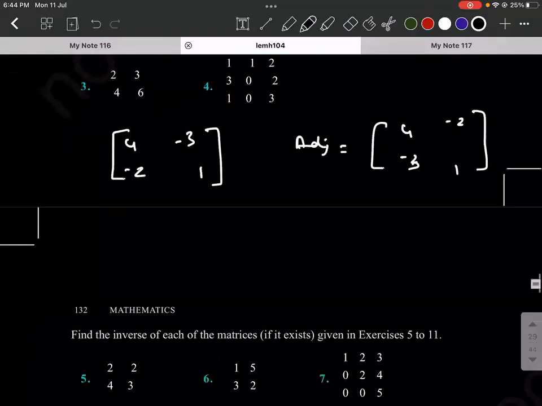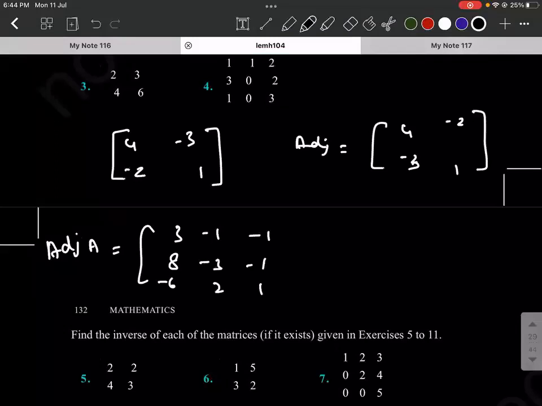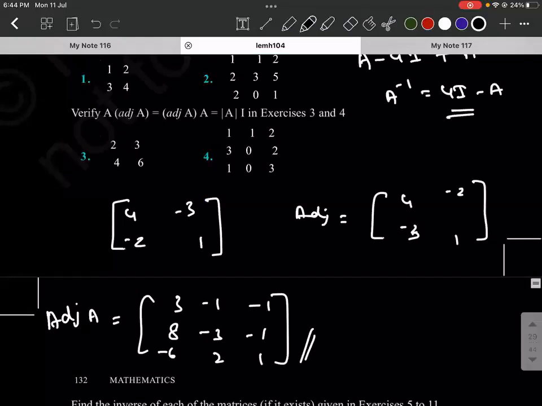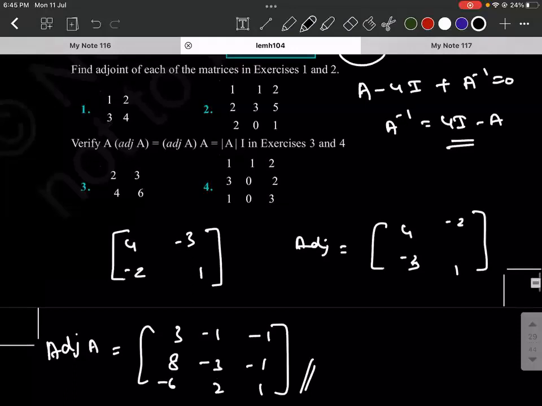So adjoint is, okay, 8 minus 3, minus 6 4. Six minus 3 minus 4. Now adjoint get later on. They're asking you to verify A into adjoint of A is the same as adjoint of A into A is the same as determinant of A into I.